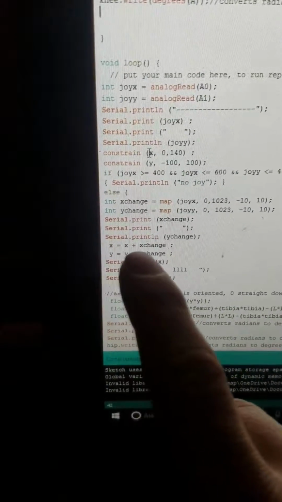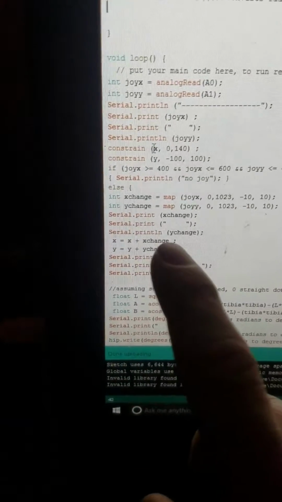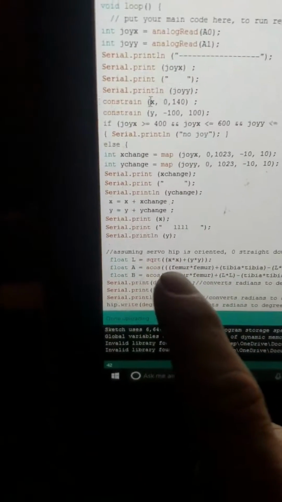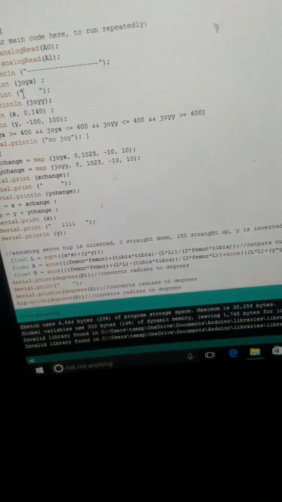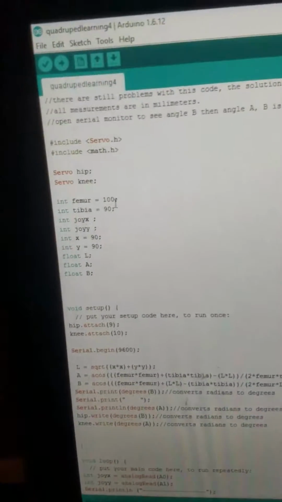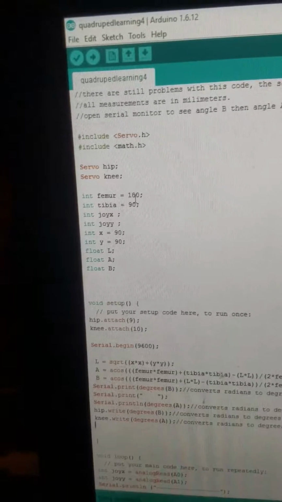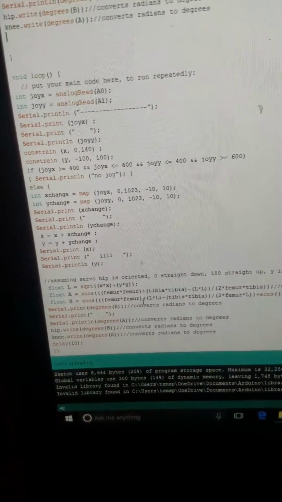And then X is equal to X plus the X change, so if X is a negative change, then it subtracts it. And then it comes down here, and it puts X and Y into the equation. Many of these other values are fixed at the beginning, like tibia length is set up here. So the two leg lengths are set up here, and those don't change in this programming.